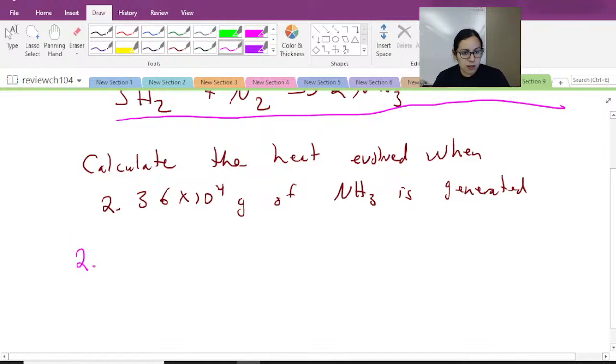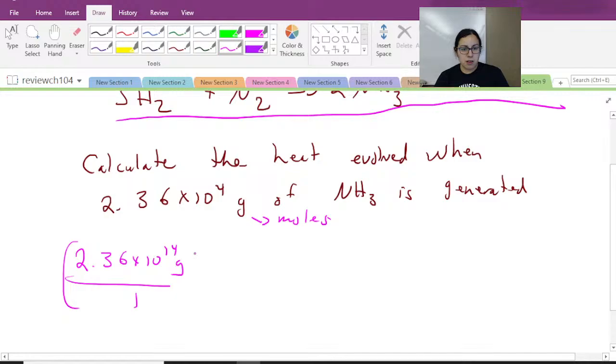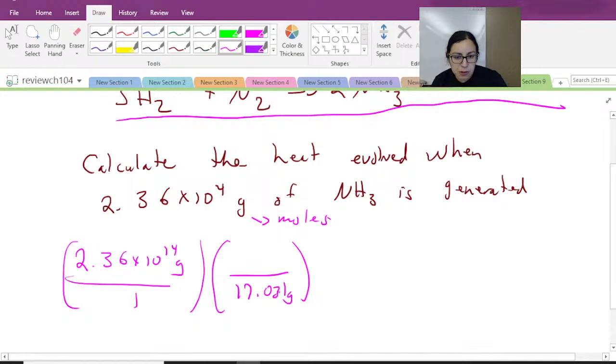We can start off with our usual grams to moles calculation. Do people remember what ammonia weighs? What did you say? 17. Yep, 17.031 grams per mole.